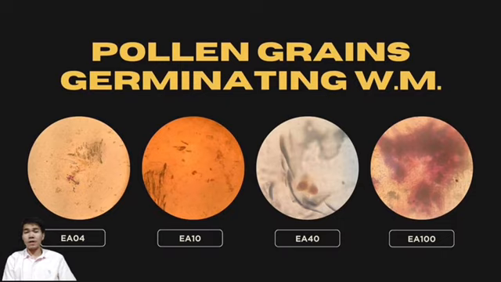Germination provides a close-up view of the development of the pollen tubes. It is a microscopic view of germinating pollen grains, potentially showing elongated structures with colors depending on the staining, but the specimen that is observed under the microscope has a dark color.